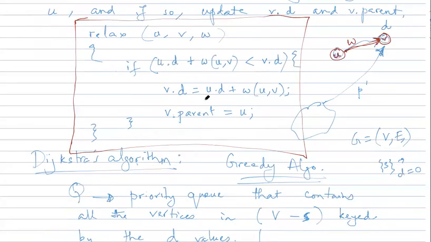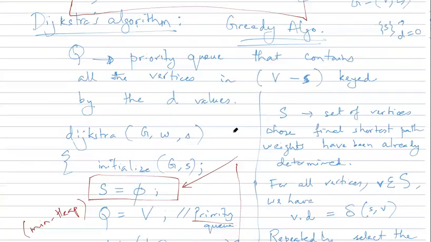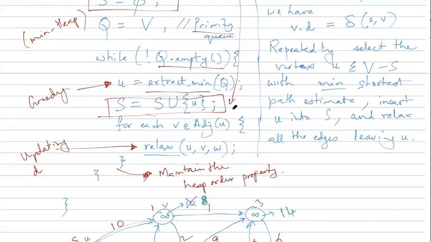So this step is giving you the shortest path, and this is going to give you the overall weight, or the overall length of the shortest path found so far. I hope this is clear.